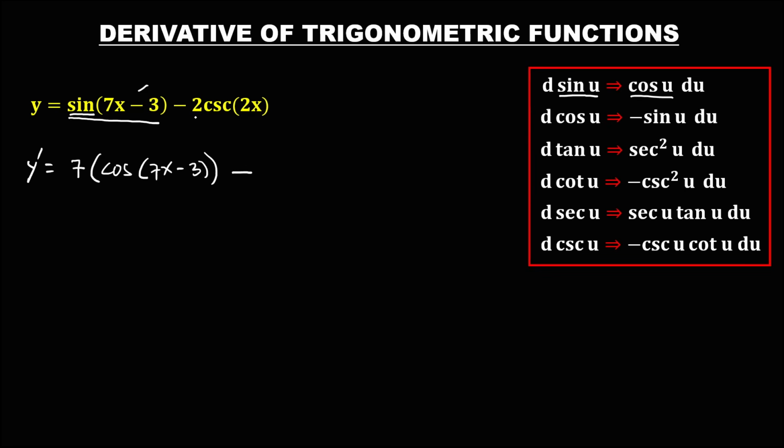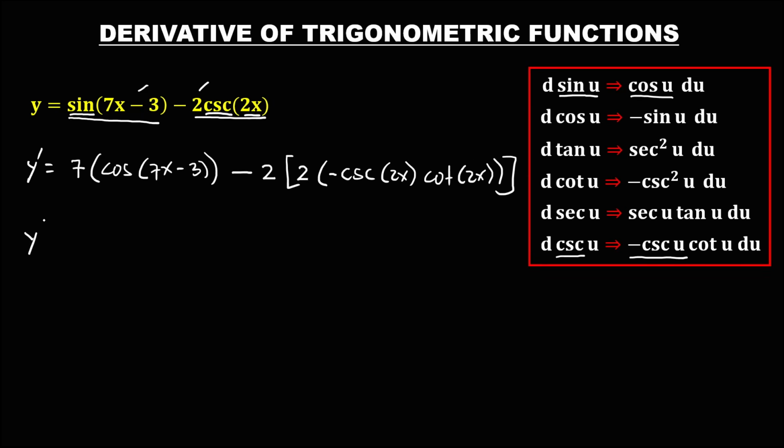Then minus, for this term, again always bring down the constant, so 2 times the derivative of 2x, so this one is 2, then times the derivative of cosecant, and the derivative of cosecant is negative cosecant u cotangent u. So this is negative cosecant 2x times cotangent 2x.